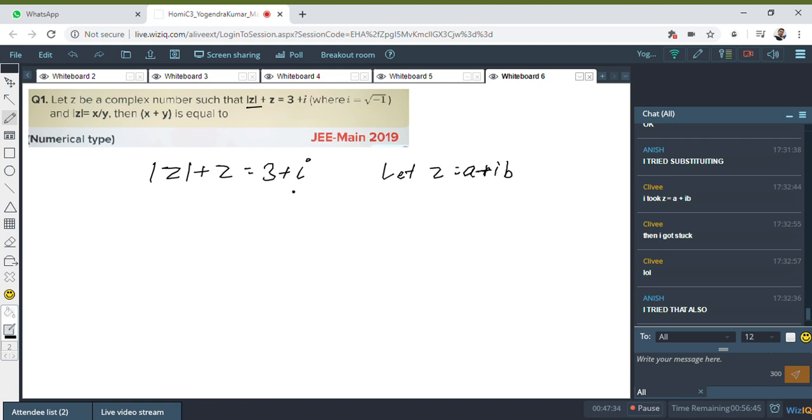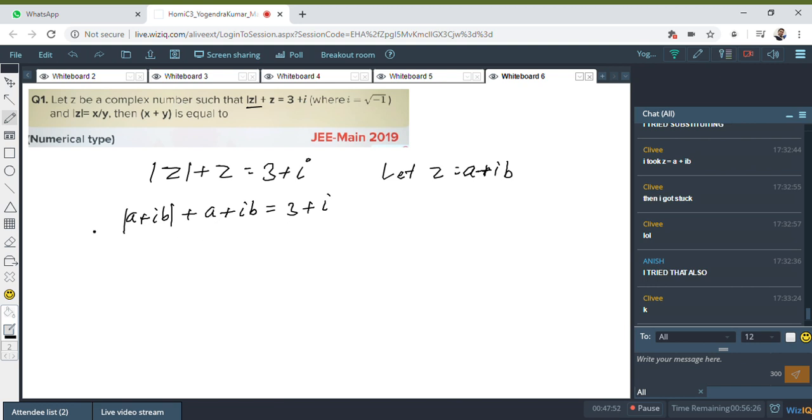Then put z here, so a plus ib. Clive, continue doing. Now mod of this will be what, Clive? a square plus b square, root over.